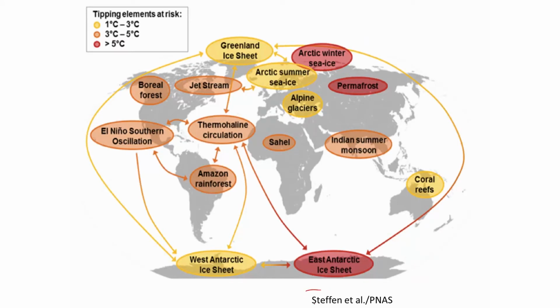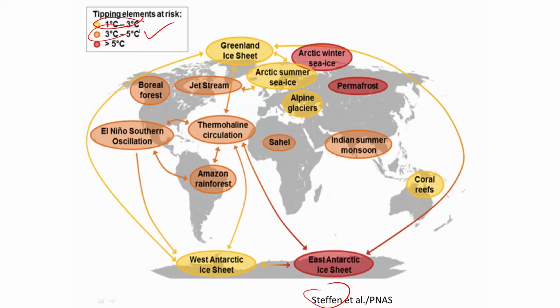This is from Will Steffen's paper, which shows, with the range of warming, what the tipping elements at risk are and how the feedbacks are possible. So with 1 to 3 degrees centigrade, Greenland seems to become a tipping point, which would affect the thermohaline circulation for sure because of the impact on deep water formation. Boreal forests will become victims at 3 to 5 degrees.